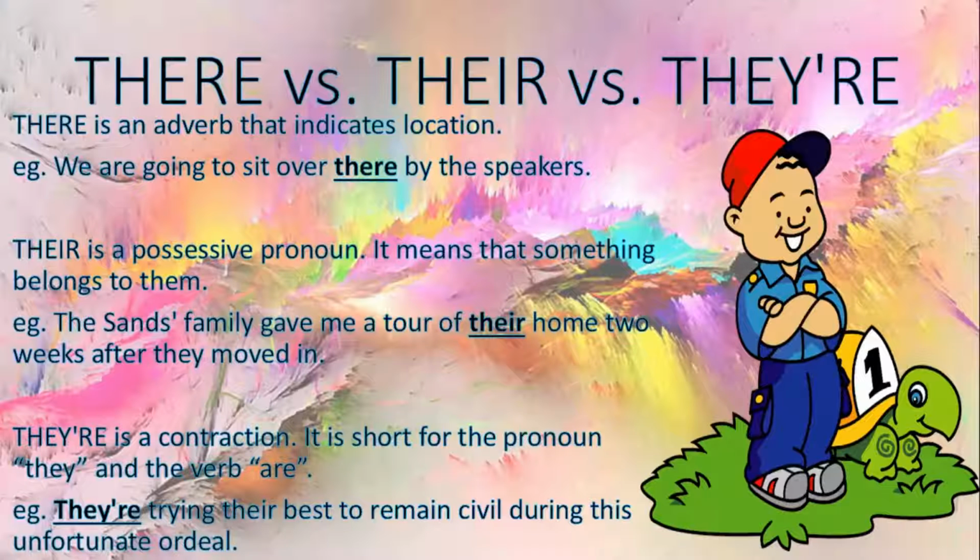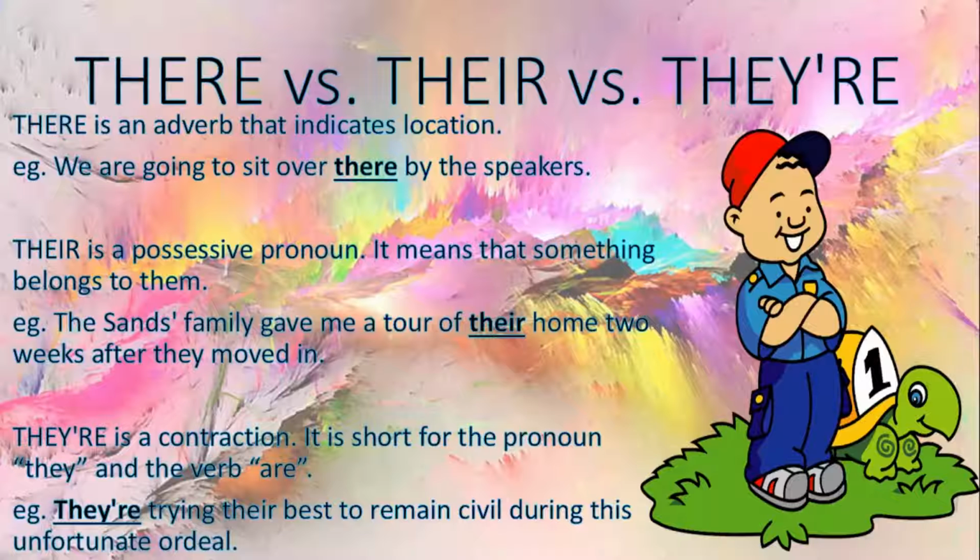Let's look at our sentence. The Sands family gave me a tour of their home 2 weeks after they moved in. There, in this particular sentence, T-H-E-I-R means that the house belongs to them.